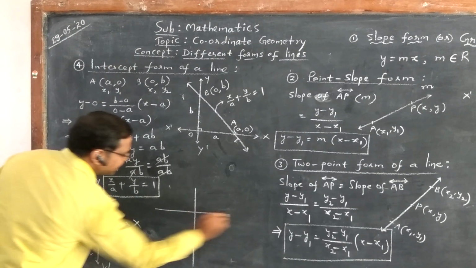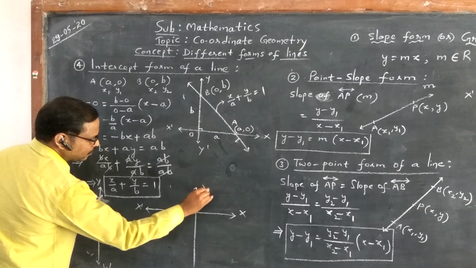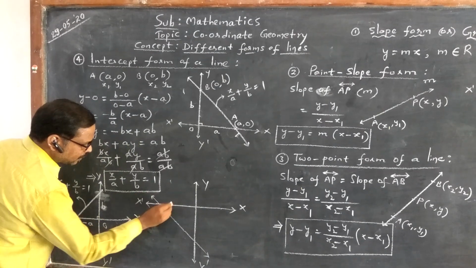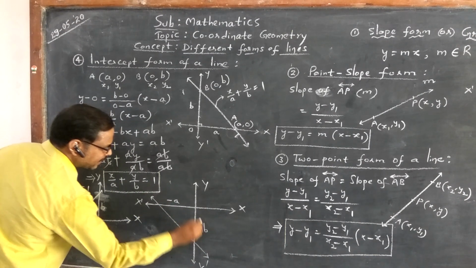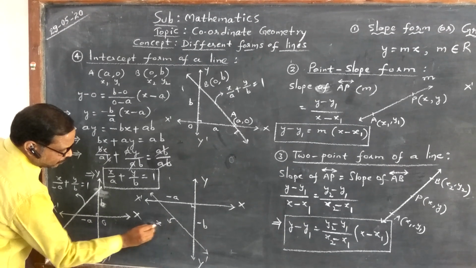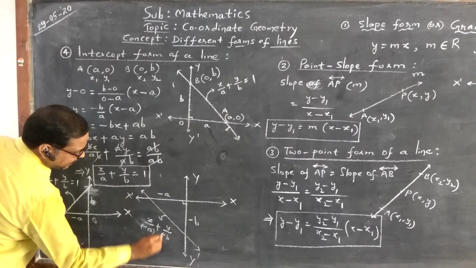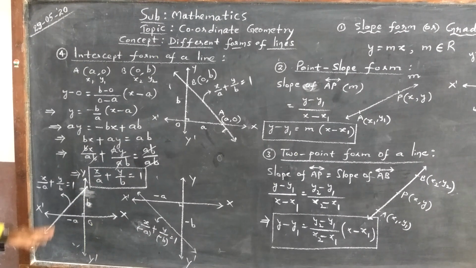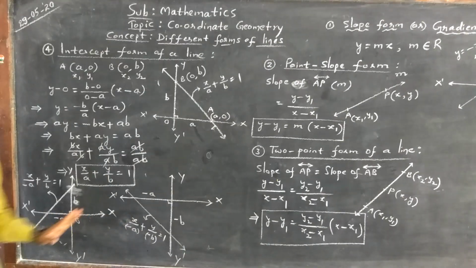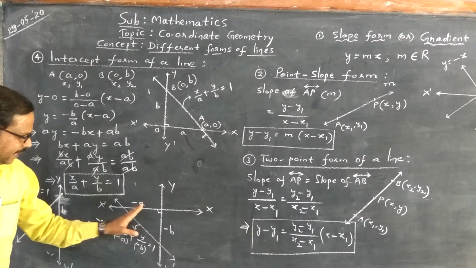Suppose when it comes to the third quadrant, x dash, y dash, so this is negative and this is also negative, because in the third quadrant both are negative. x by minus a plus y by minus b equal to 1. So as per quadrant it changes. In the first quadrant both are positive, in the second quadrant negative positive, third quadrant negative negative.